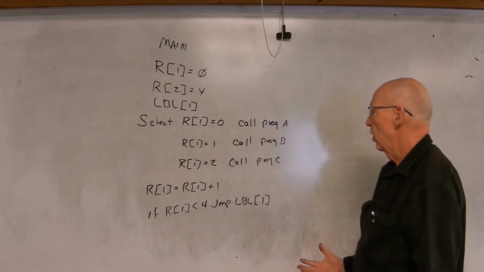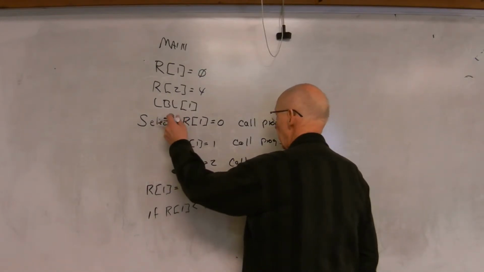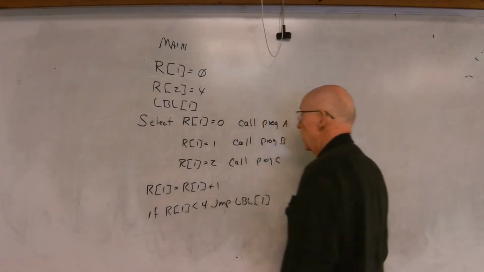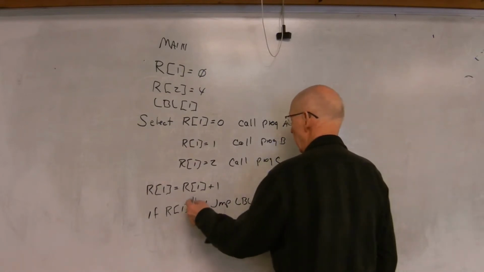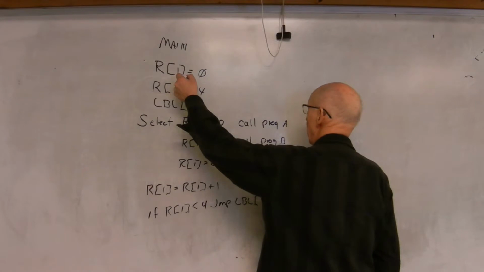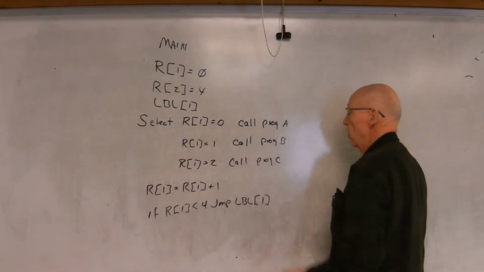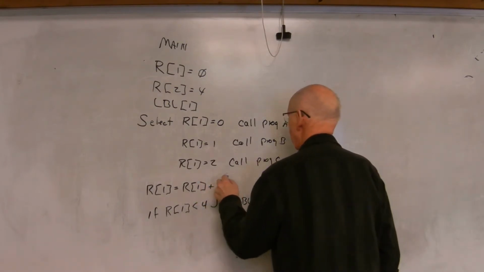But now, well, what if it equals, let's say it equals 5, okay? So it increments, it fails the test, comes back up, loops through again. There has to be a way to escape. So what you do is you put another statement in here.